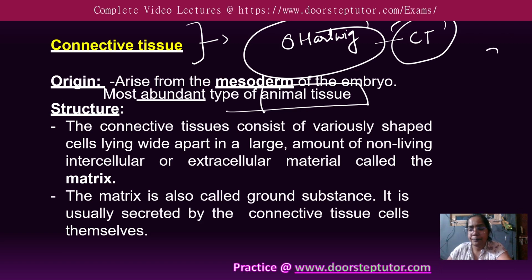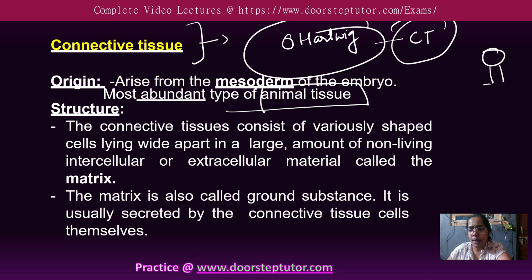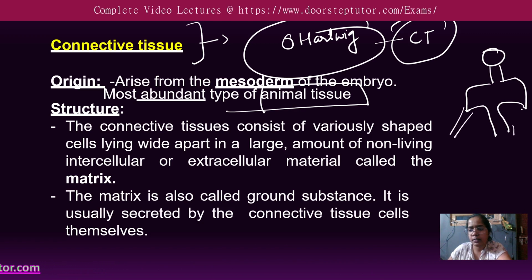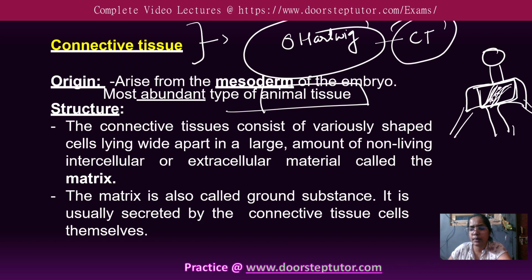Let me give you an example in the starting, okay. You have the closed circulatory organ, okay, you have the blood cells, and the cells are moving like this in the blood vessel.